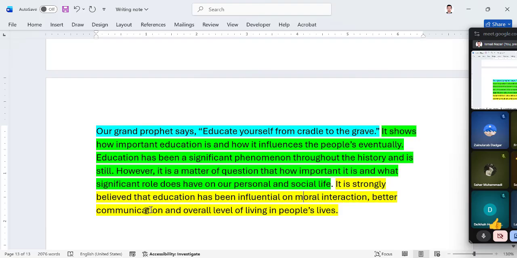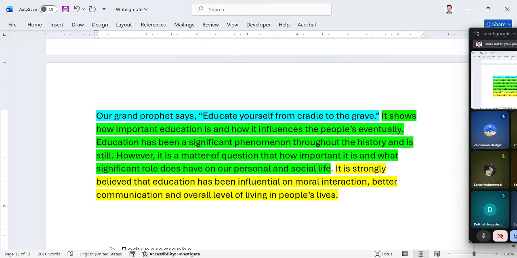It is strongly believed that education has been influential on moral interaction, better communication, and overall level of living in people's lives. So basically, that's what we have as introductory paragraph. And it is the first part of an essay.